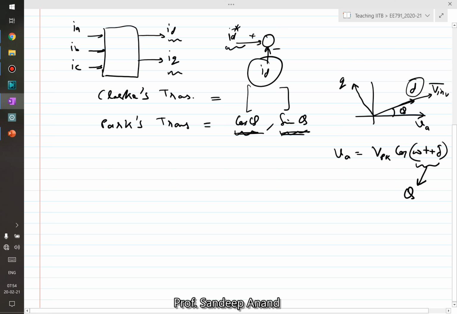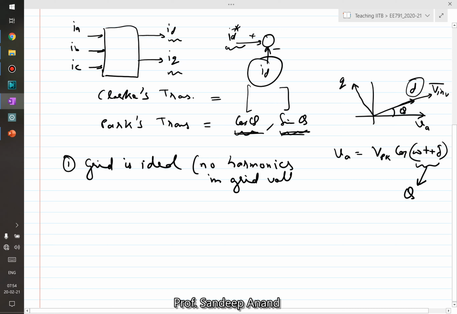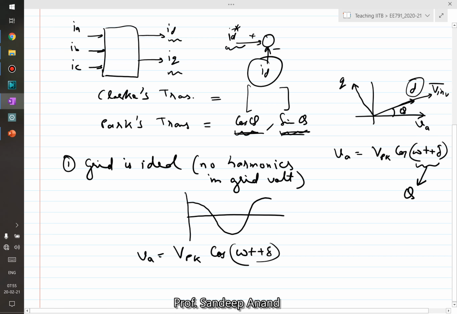You would agree a scenario where the grid is ideal, right? There are no harmonics in grid voltage. If that is the scenario, that implies your grid voltage is a pure sinusoid, and thus VA is what is given here, which is V peak cos of omega t plus delta, right?